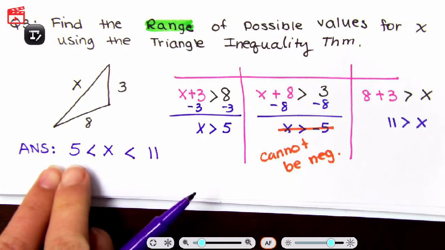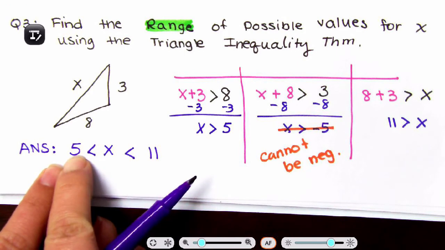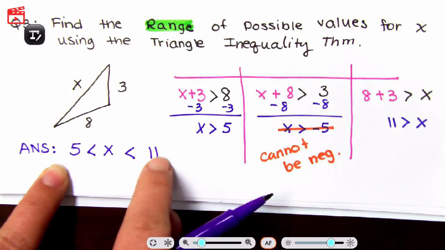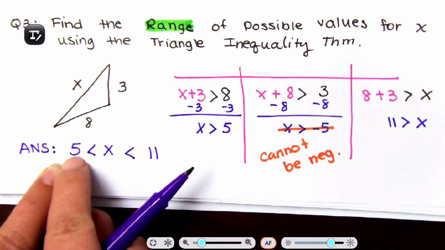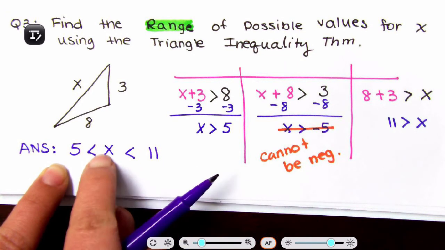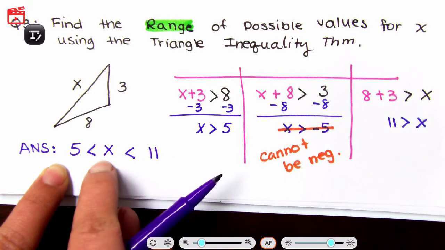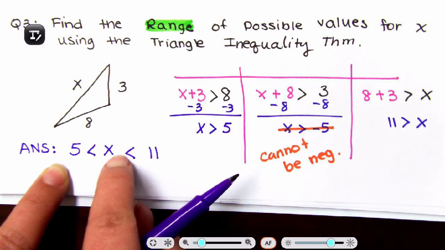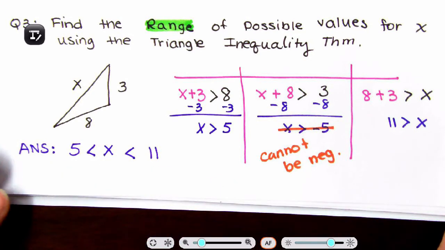What that means is 5 is less than x, but x is less than 11. So x has to be bigger than 5, and x has to be smaller than 11 in order for us to build a triangle.